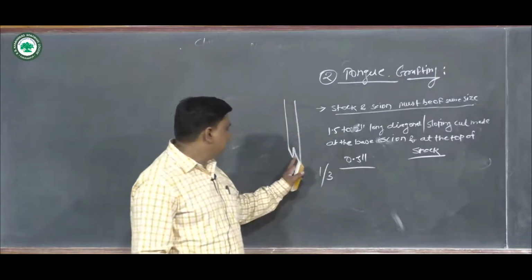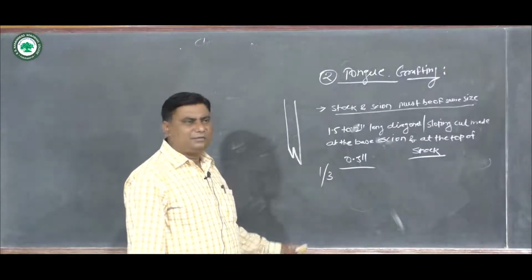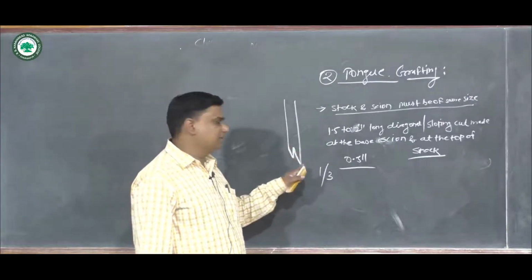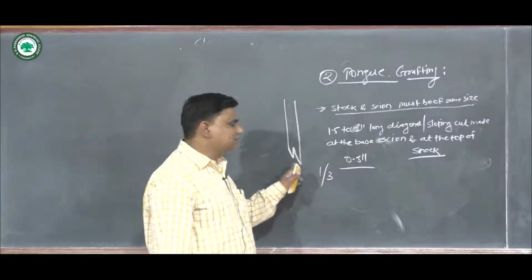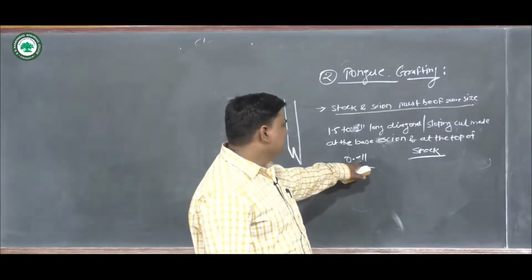This is the reverse cut. When whip grafting is done, there is no reverse cut, but here an additional 0.5 inch reverse cut is made.